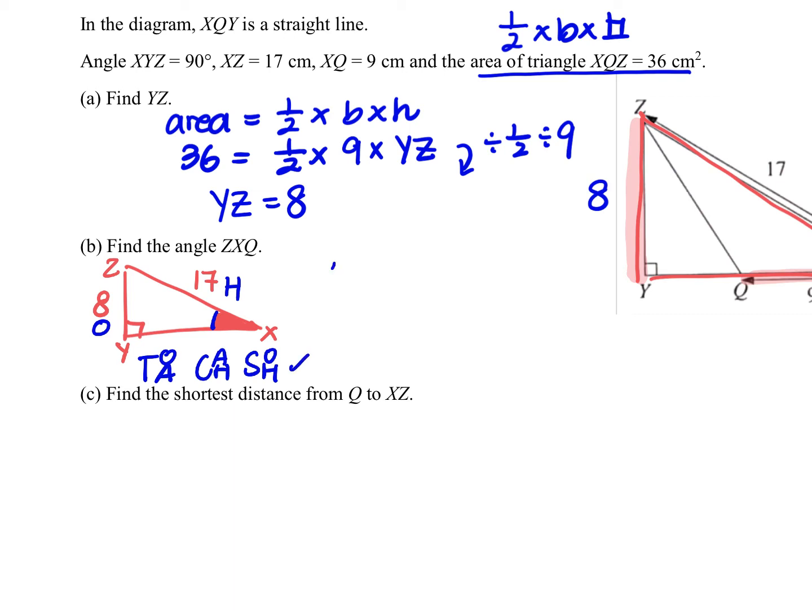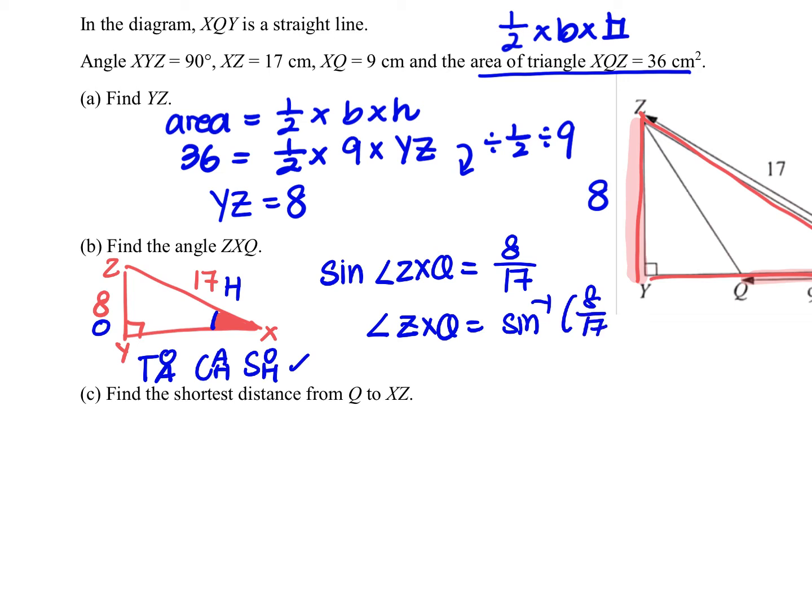So in this case, sine of the angle ZXQ equals opposite, which is 8, over the hypotenuse, which is 17. Now, in order to find an angle, we need to use inverse, right? So angle ZXQ is sine inverse of 8 over 17.